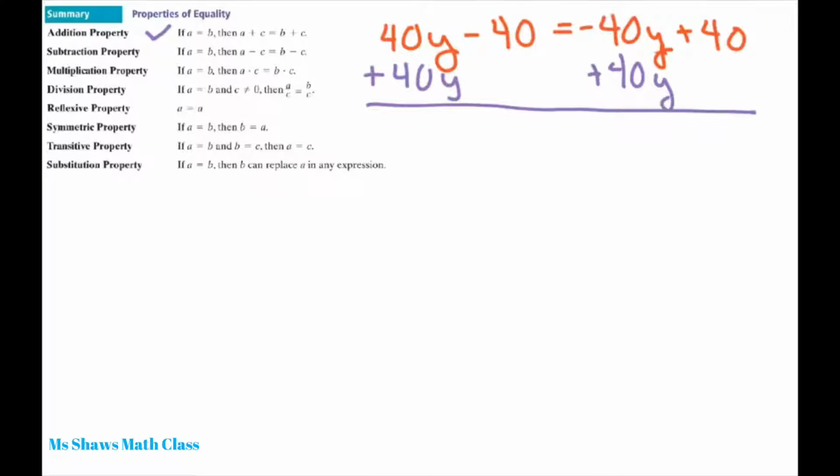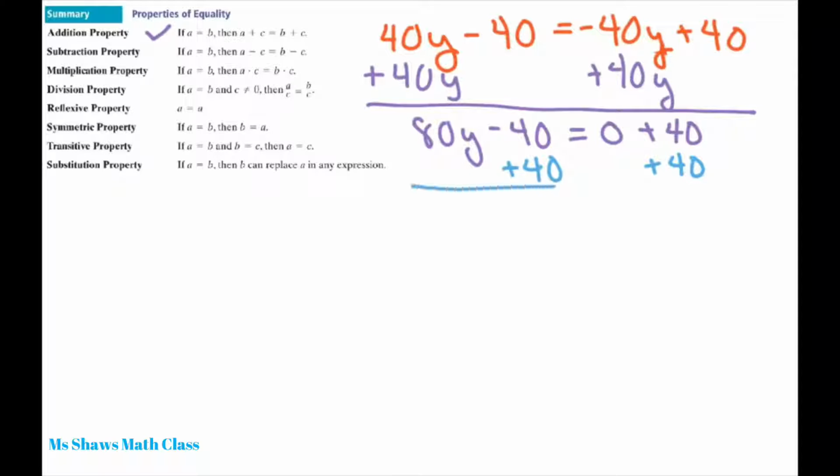And when you do that, you get 80y minus 40 equals 0 plus 40. Now I'm going to use my addition property again and add 40 to both sides. And the 0 property of arithmetic says that I can just get rid of that, because 0 plus 40 is just 40.